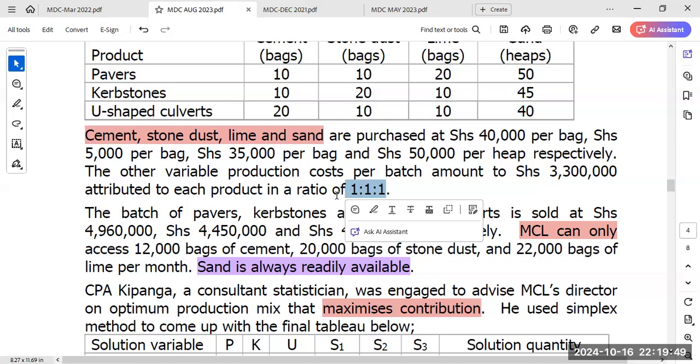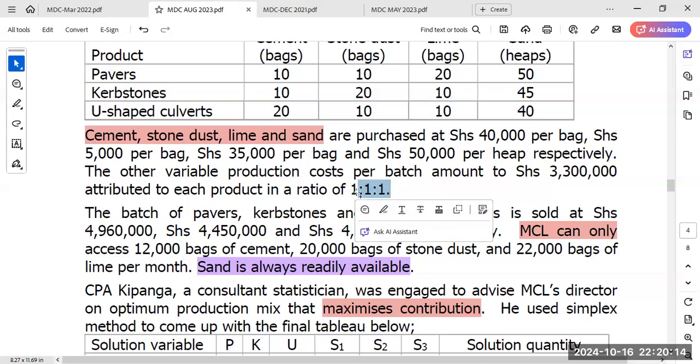Remember, we have pavers, we have curbstones, we have U-shaped culverts. Now, for pavers, how are you going to get the amount as other variable production cost? You get 1. This is the ratio, the first ratio for pavers, 1 over the total ratio. Total ratio, you get 1 plus 1 plus 1.